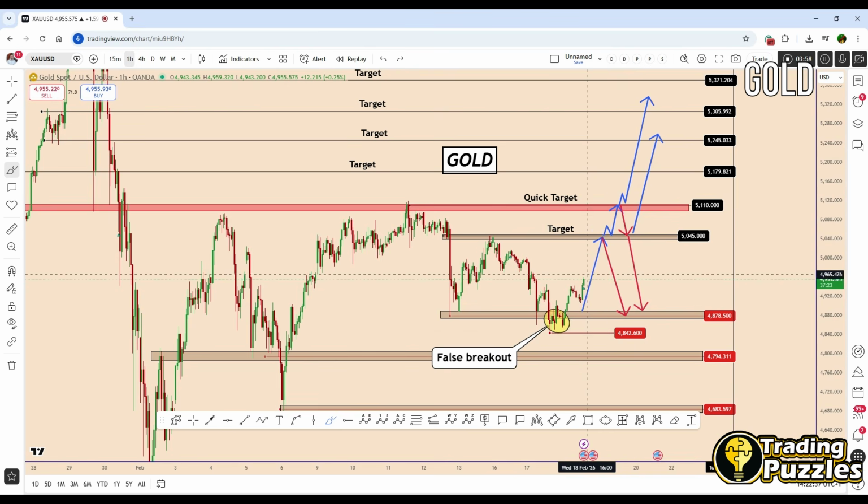At the moment, the movement looks like it's building more bullish momentum. I don't know if it is going to go down again, but so far this is indicating that gold may rise further. Probably the geopolitical tension can push it up.